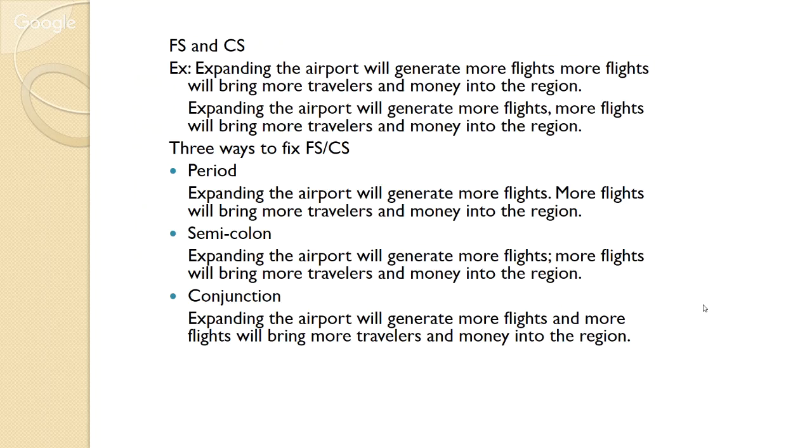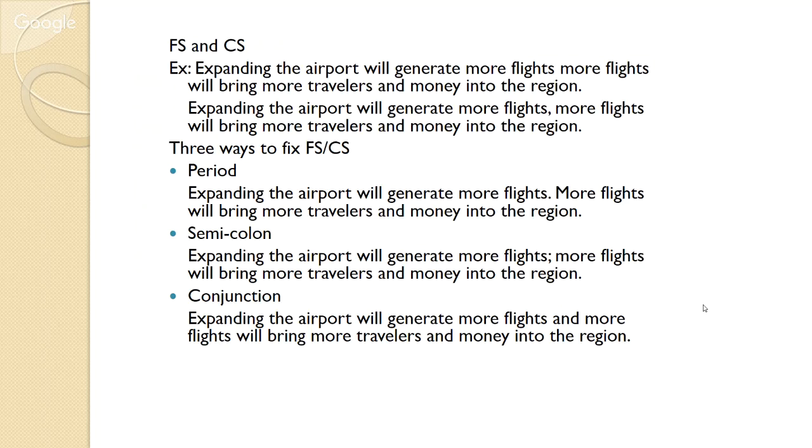The comma splice is when you put the comma where that fusion occurs. So expanding the airport will generate more flights, more flights will bring more travelers and money into the region. That's the comma splice.